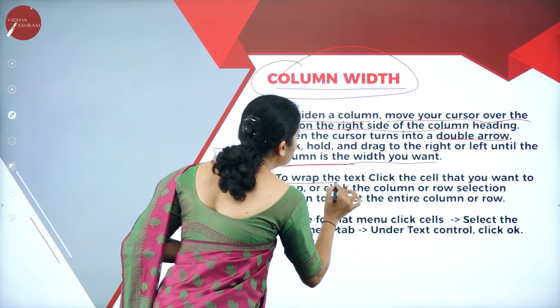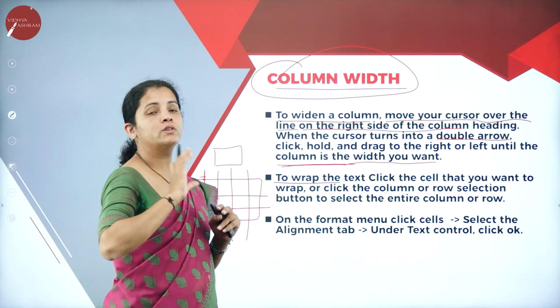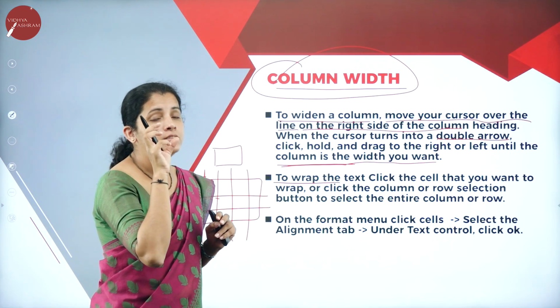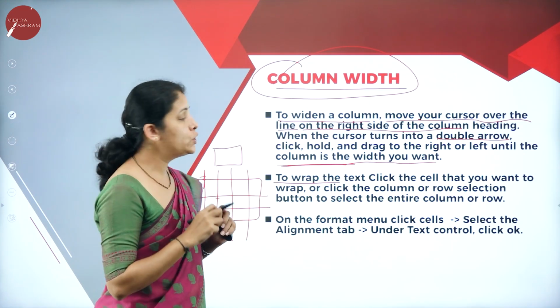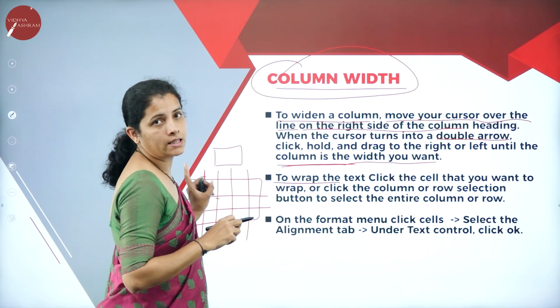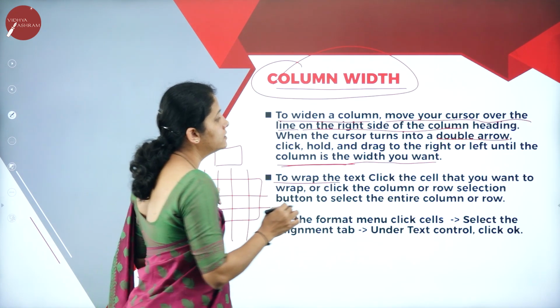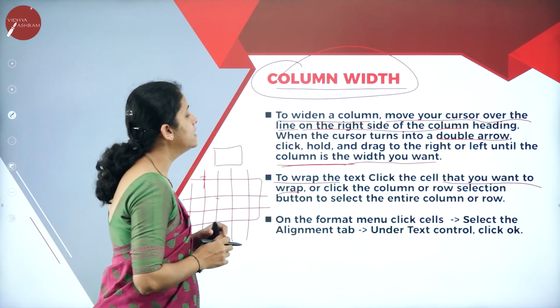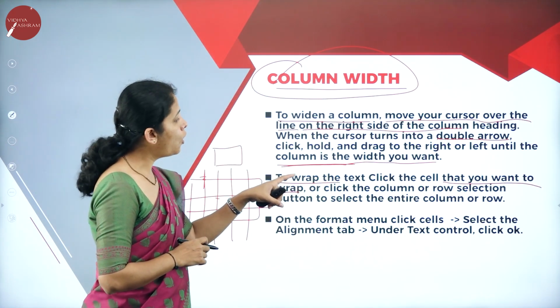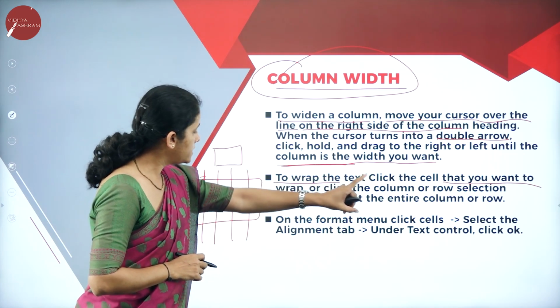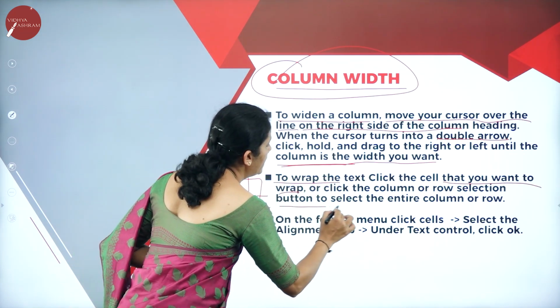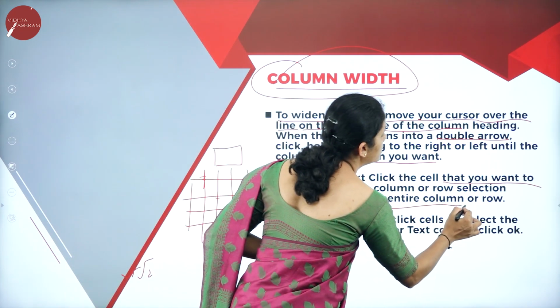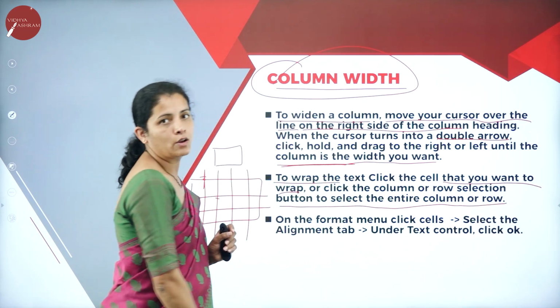And to wrap the text, that means if you want to fit the text to your column, that is the cell that you want to wrap, then click the column or row selection button and select the entire row and column.